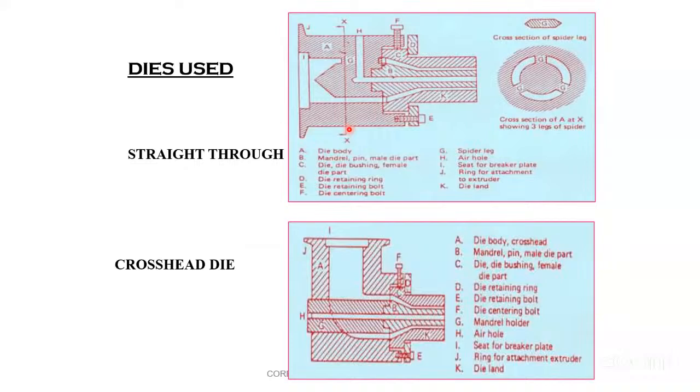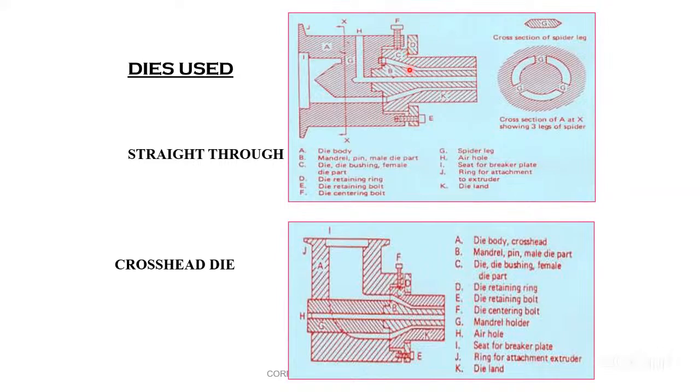Now we have seen the die centering bolt here, friend. Now there is also another bolt. It is called the die retaining bolt. The die retaining bolt will hold this die body and this bush. After that, the die retaining ring is there.